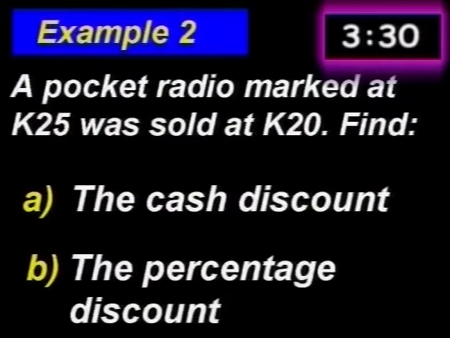Your question is, A, find the cash discount. What is the discount price? B, the percentage discount.